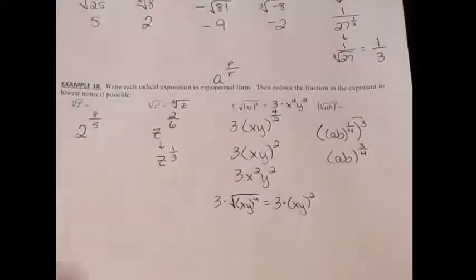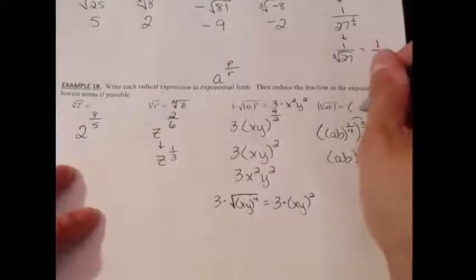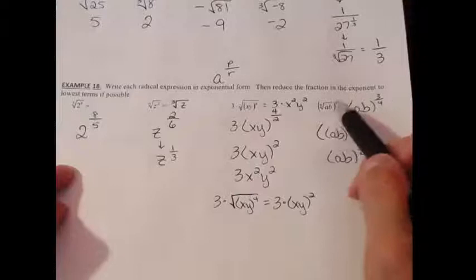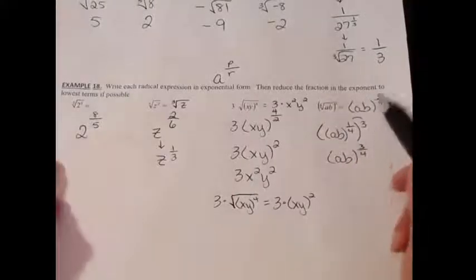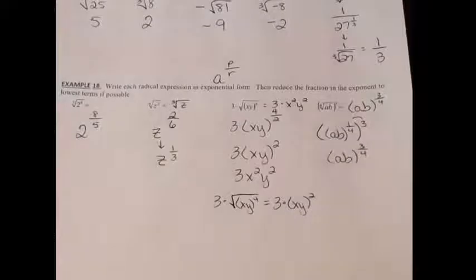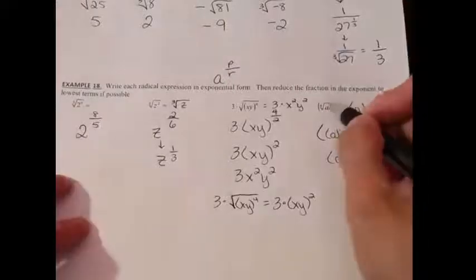Okay? So I want you to consider the similarities here. The 4th root of ab to the 3rd power is the same as ab to the power over root, even though that power happened to be on the outside. I do want to point out that we could have had that power of 3 inside the set of parentheses.